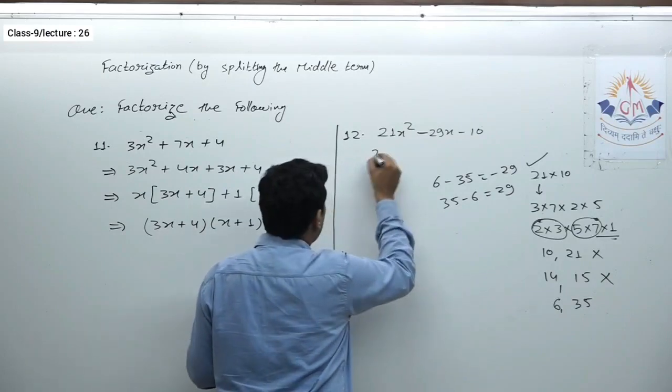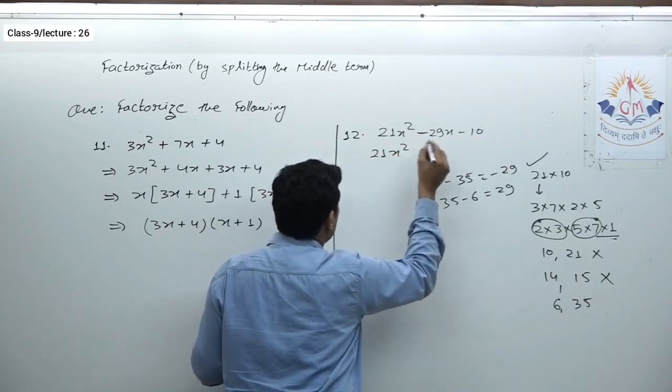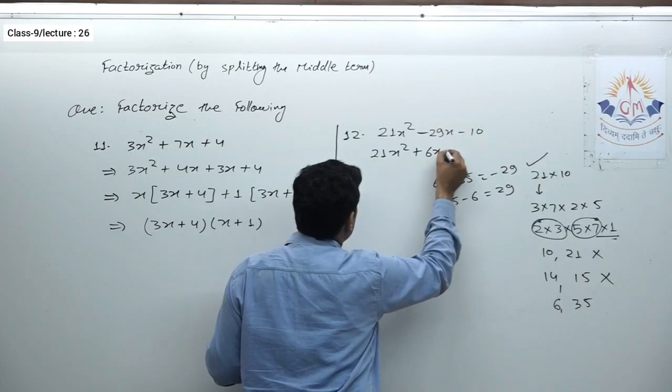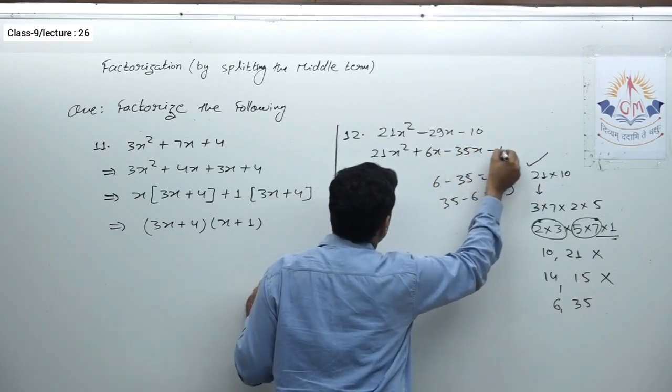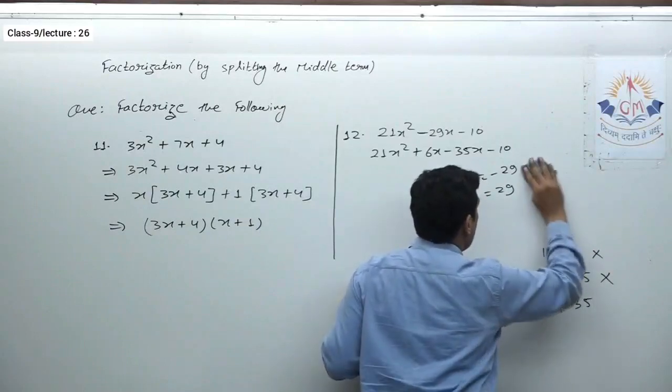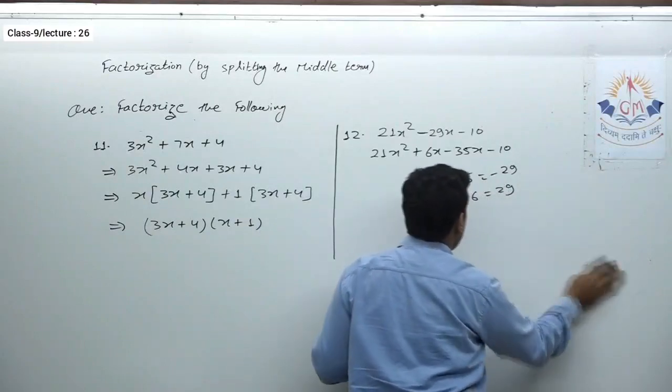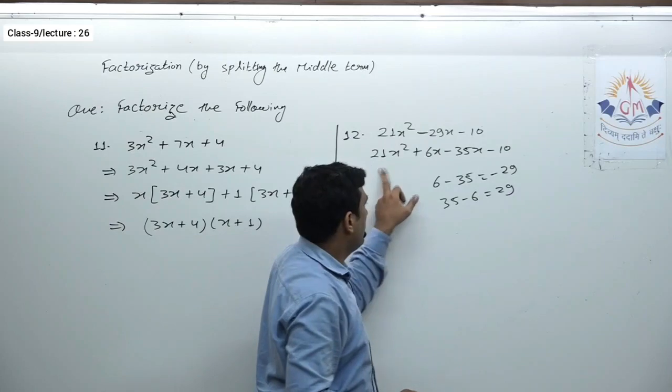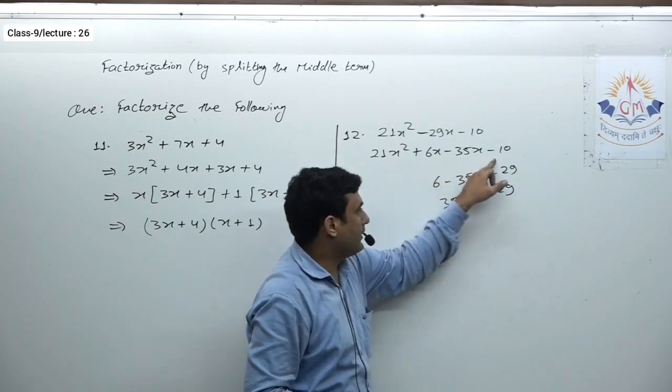So here I write 21x square, then plus 6x minus 35x minus 10. Okay, 21x square plus 6x minus 35x minus 10.